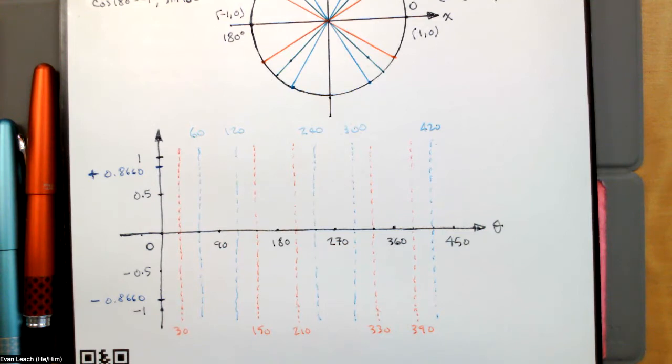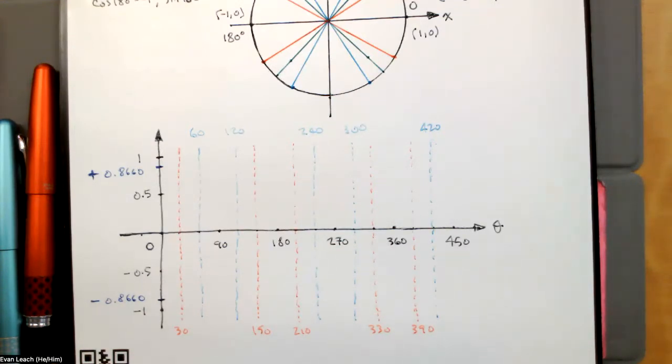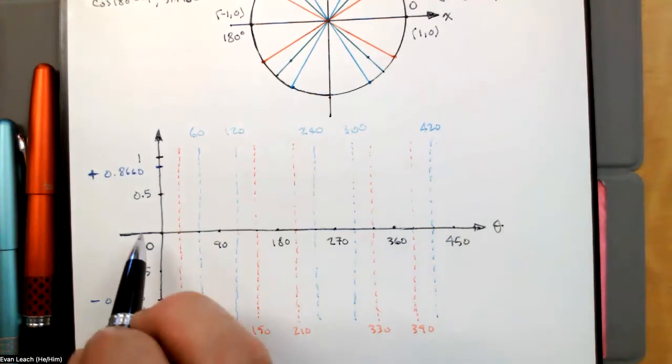Let's go around and plot the points for cosine going around the circle and see the cosine from left to right instead of just going around in a circle. Cosine of 0 is equal to 1, so that'll go right here.